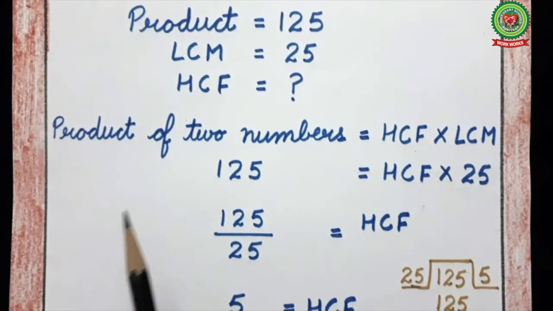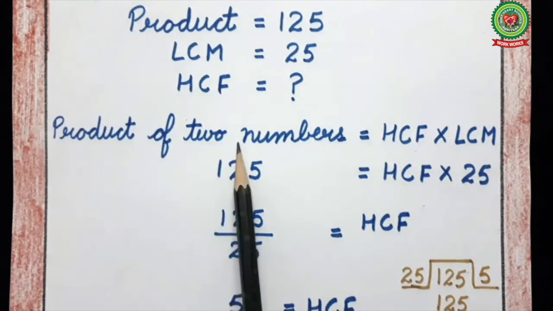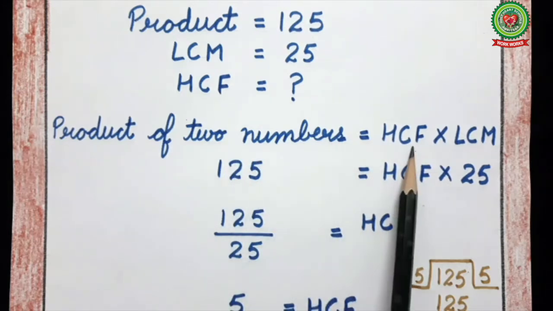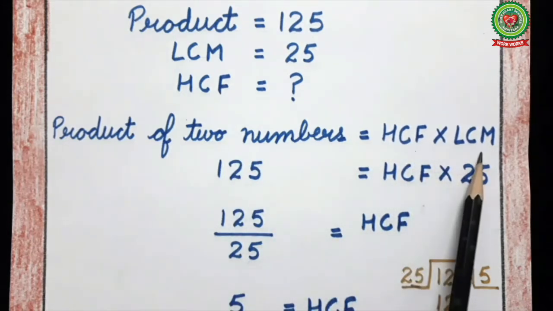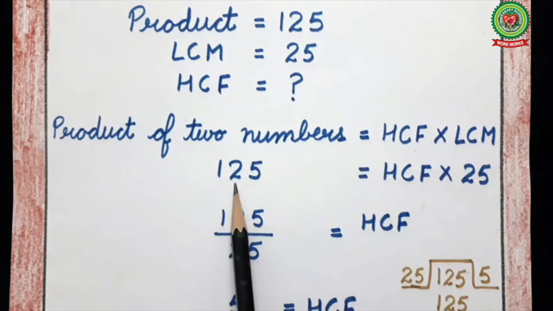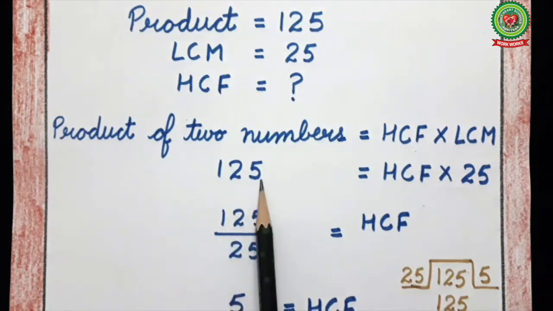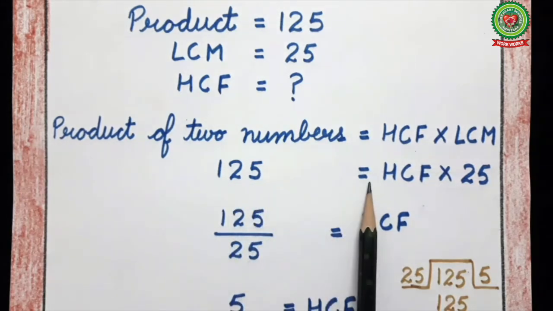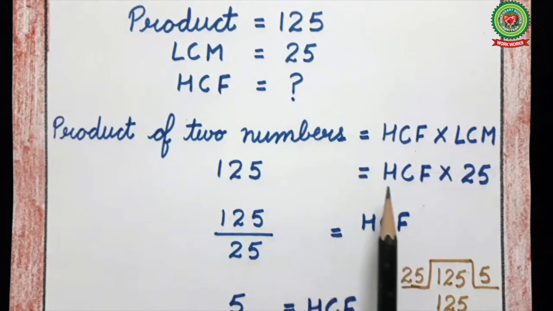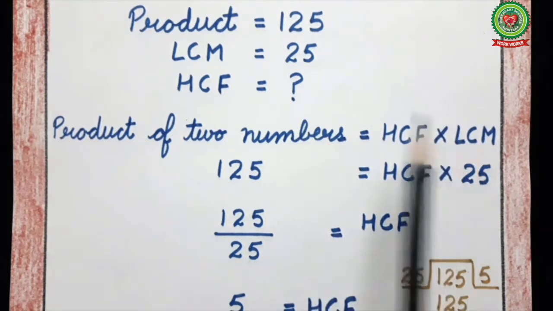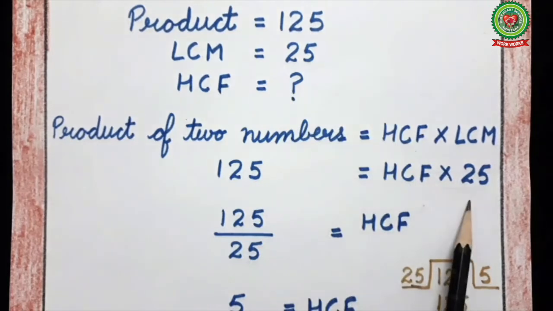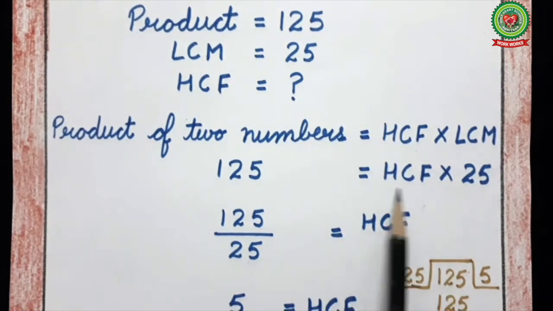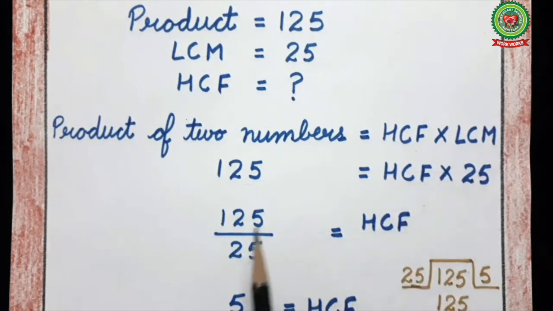After that, we will apply the result. Product of two numbers is equal to HCF multiplied by LCM. We have given product 125, so write down 125 is equal to HCF we need to find, multiplied by LCM given in the question, which is 25. In order to find the HCF, 25 must be shifted towards the left hand side.